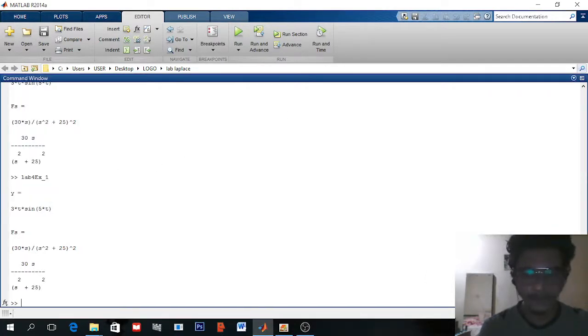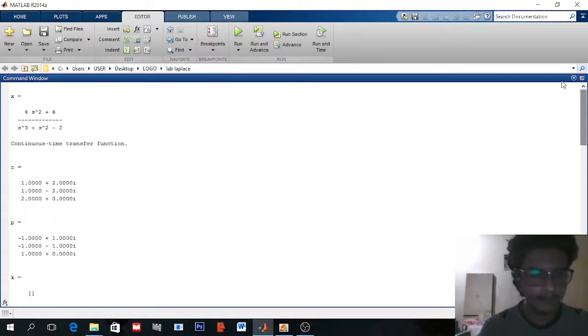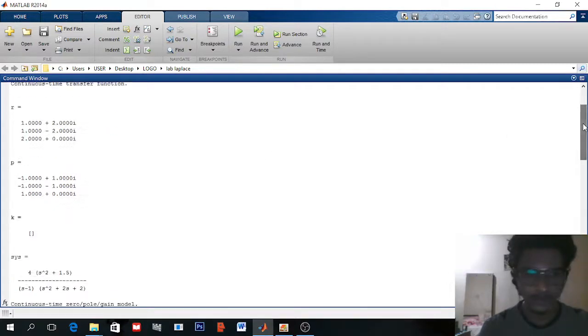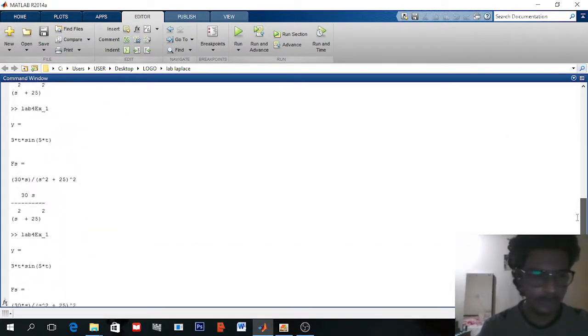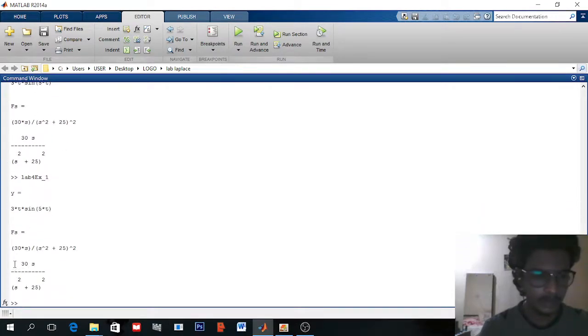So this is the result for 1A. Continuous transfer function. This is the zeros and poles. You can get the answer here. This is the answer.